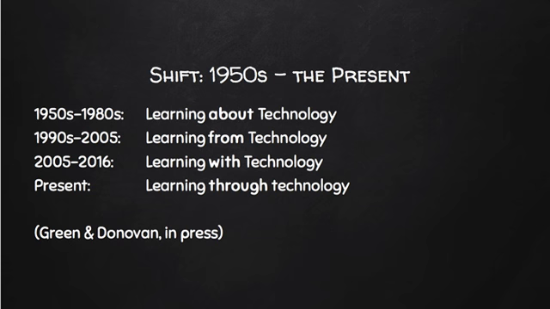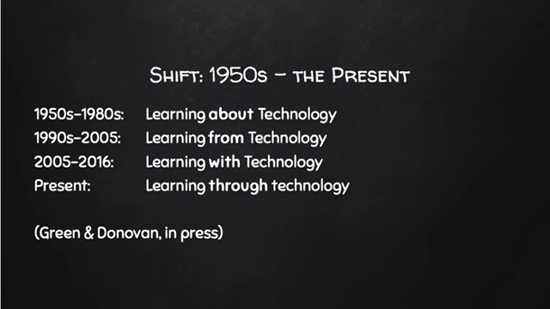So that's a shift, and it's important to think about that as graduate students who are taking a program in educational technology. It's good to know how we've shifted over time. Are we still learning with technology? Of course. Are we still learning from technology? Of course we are. Are we still learning about technology? Of course we are.